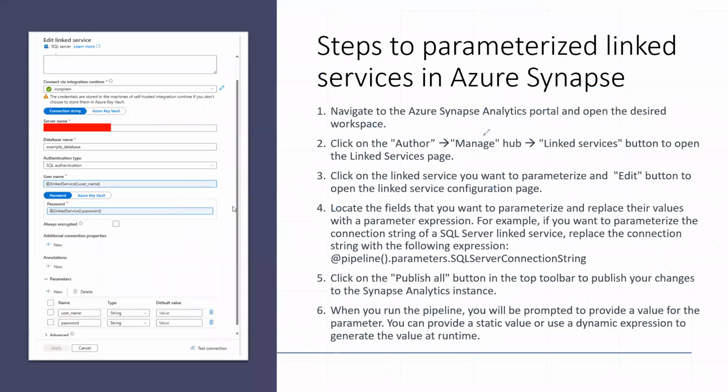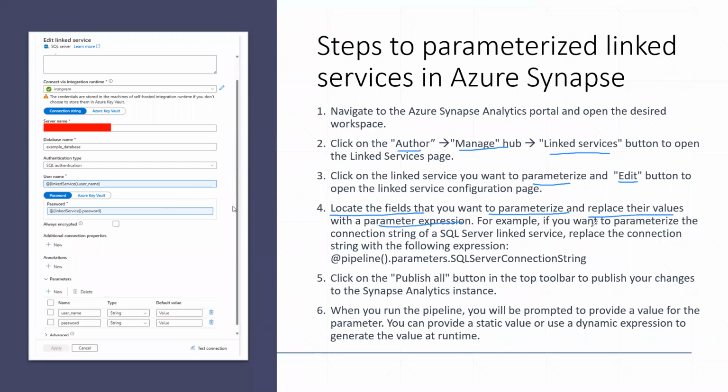Now I'll show you the high level process of how you can do it. You need to navigate to your Synapse workspace, select Author, then the Manage tab, and then click on Linked services. Select the linked service which you want to parameterize, and click on the edit button. Locate the fields that you want to parameterize and replace the values with the parameter expression.